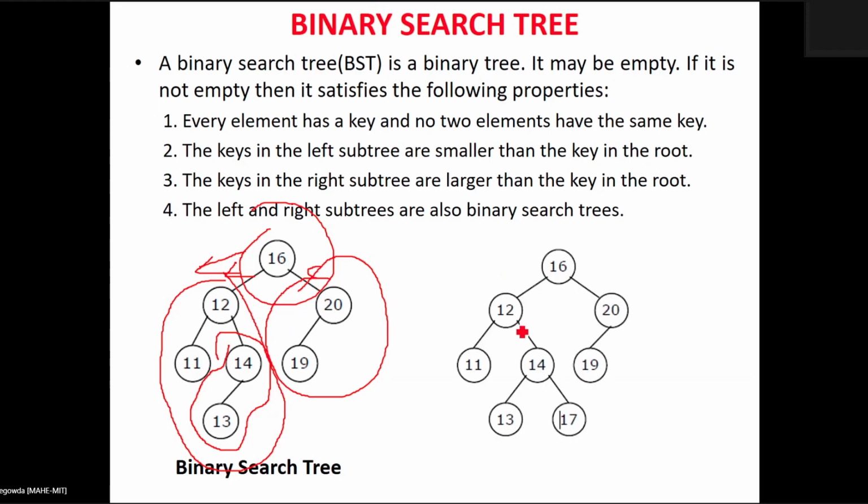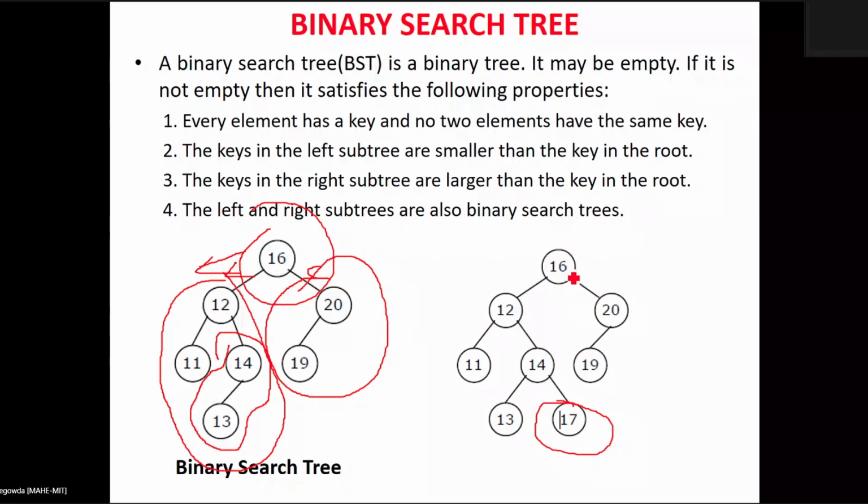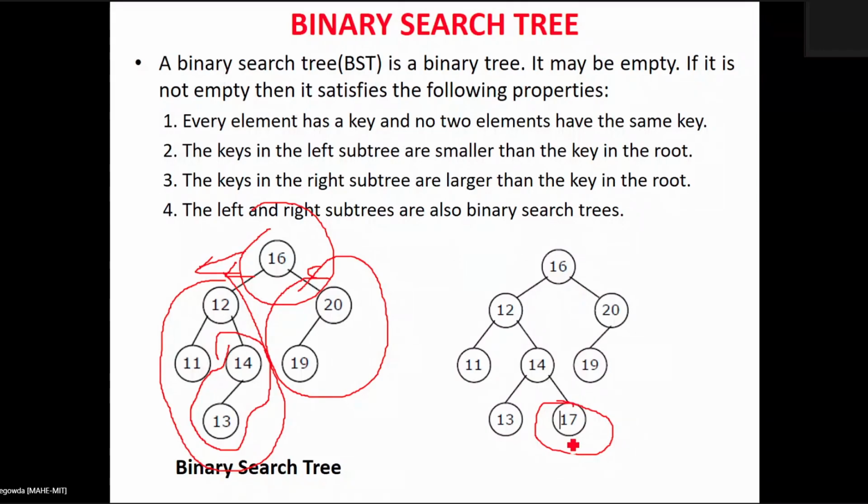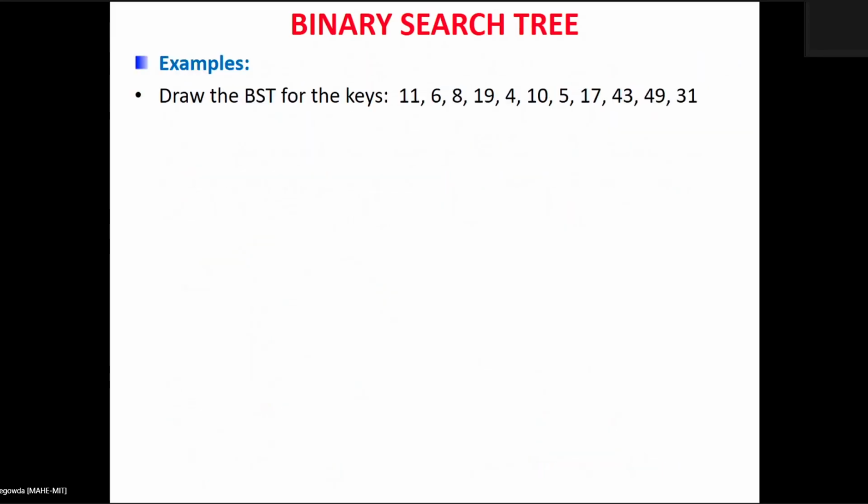This is an example of a non-binary search tree, because if you look at 16 here, 17 is present in the left subtree of the root node 16. The root node value 16 is smaller than 17, so this is not an example of a binary search tree.